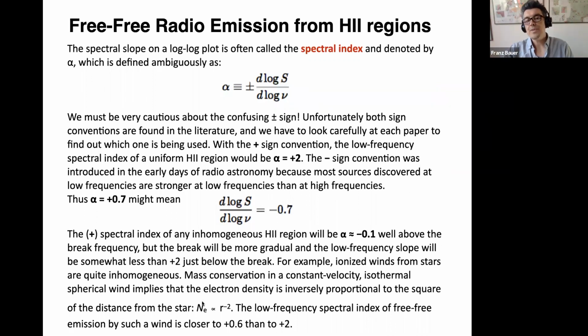And so you would have a density which goes as r to the minus 2. And so the free-free emission, or the Bremsstrahlung, from that would be strongly dominated by the material close to the star, and not so much by things far away from the star, because of the density squared effect. Just to keep that in your head.